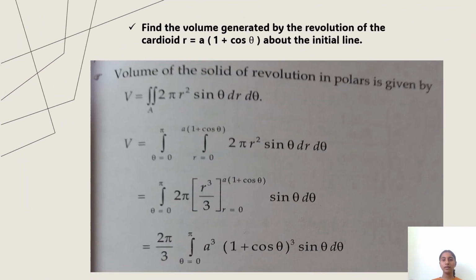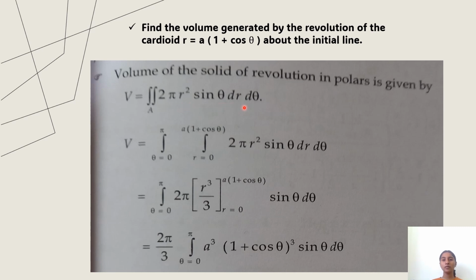So next we will discuss a problem on volume, that is to find the volume generated by the revolution of the cardioid r equals a into 1 plus cos theta about the initial line. So we know the formula for volume of the solid of revolution in polars, that is V equals double integration of 2 pi r square sine theta dr d theta.